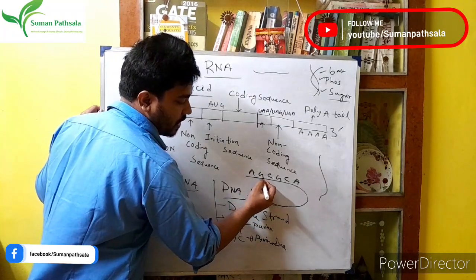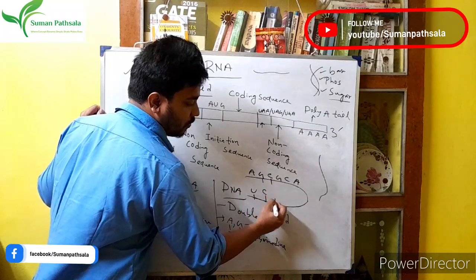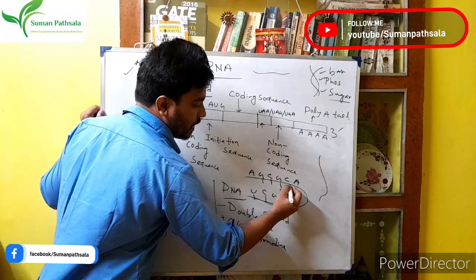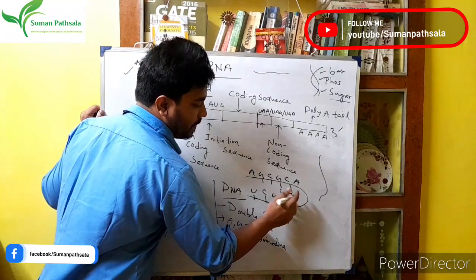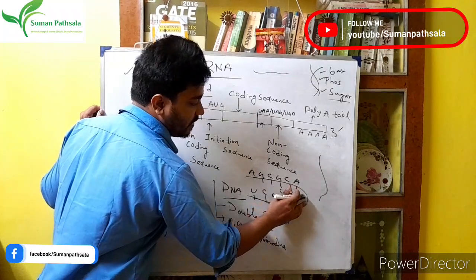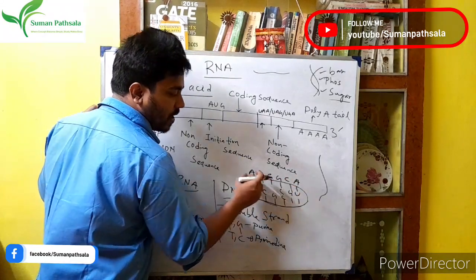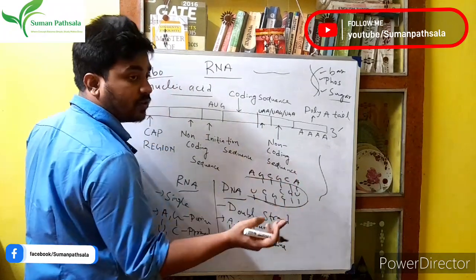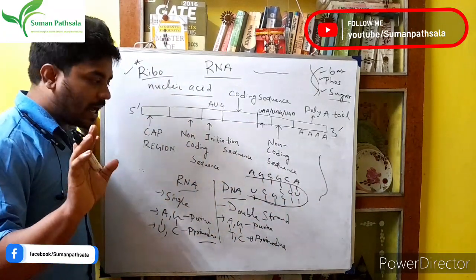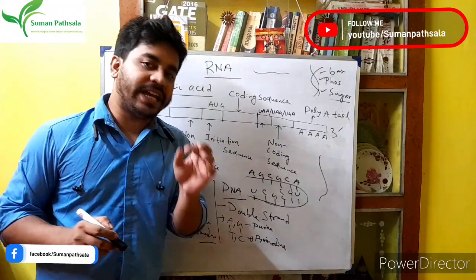If G is present here, cytosine is present opposite, and if it is cytosine, G is present. The sequence is arranged in the same way. Simply, if adenine is in one sequence, the opposite has uracil instead of thymine. Clear? That is the actual difference between DNA and RNA.